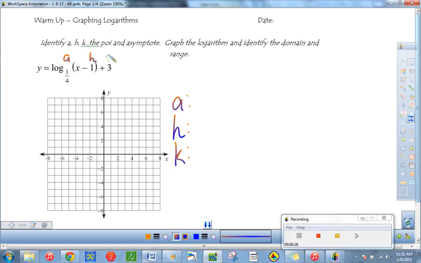A, H, K. Yes, 1/4 is A. Keep going. -1 is H. And 3. So what about our point of interest? HK, opposite of H, opposite of HK, just like everything else that we've done. So opposite of H is 1, K is 3.